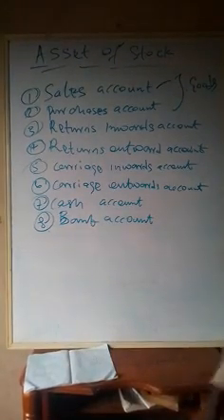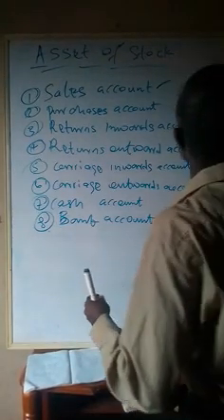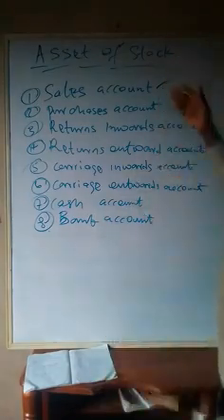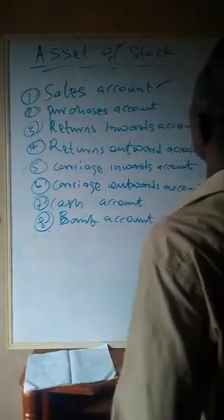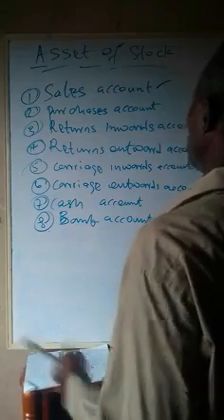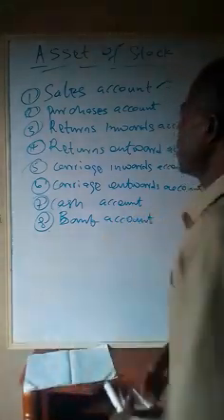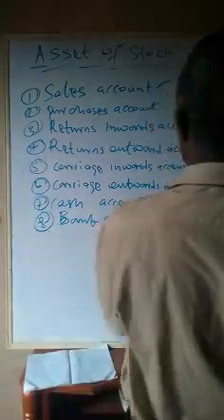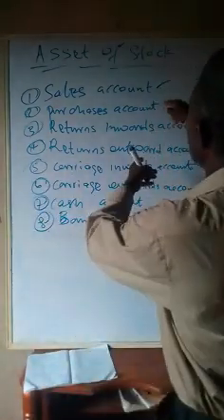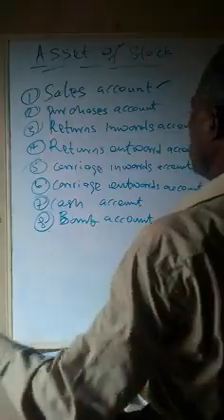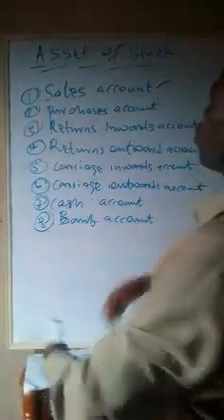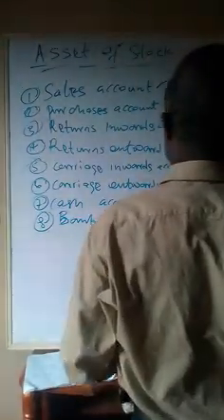So, as I was saying, on sales account, it is what we are selling that is turned into sales. It's the ordinary activity of the business. Purchase account, it is what we buy and sell, or what we produce and sell, that we turn into purchases account. Return inwards, it is what we sell to our customers.